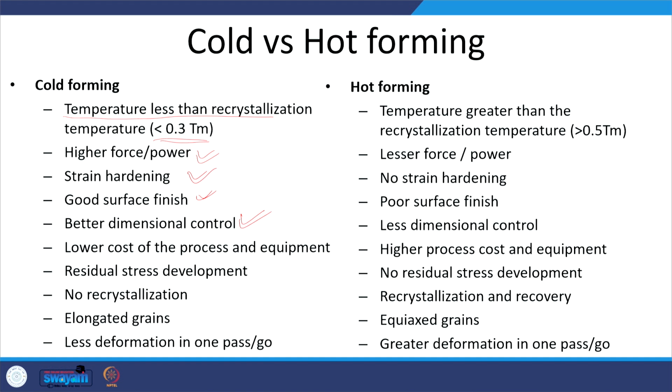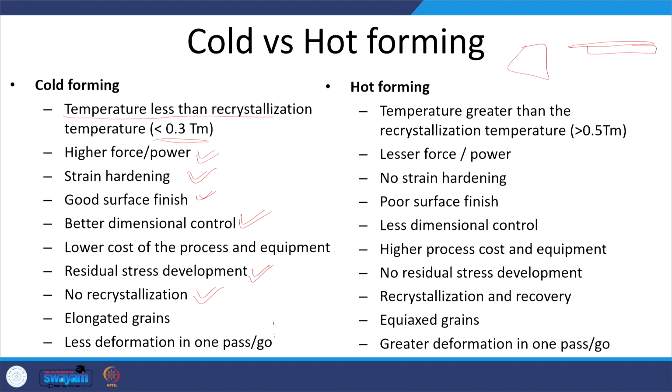When cold forming is done, residual stresses develop at the surface, and since the temperature is low, there is no recrystallization, but the deformed metal shows elongated grains. Initially the metal may have equiaxed grains, but after the deformation it may show elongated grains.